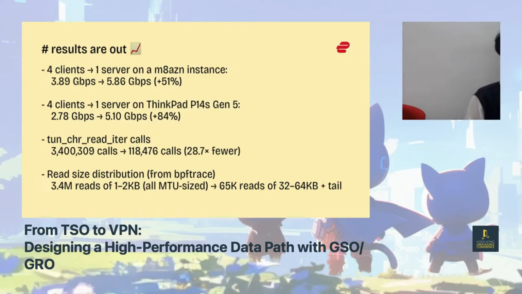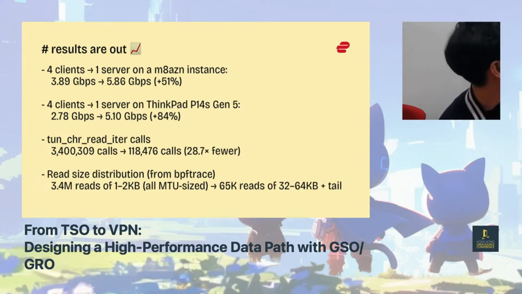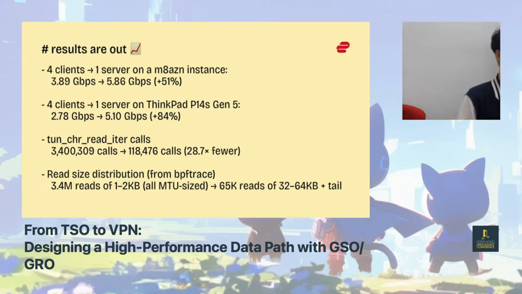The results are pretty promising. It pushed from 4 to around 6, which is like 50%, and then 80% on my dev machine. Seeing big numbers is always good, it feels good for the developer.